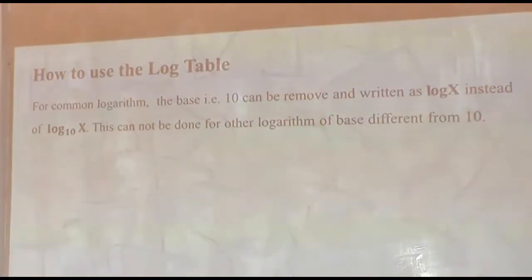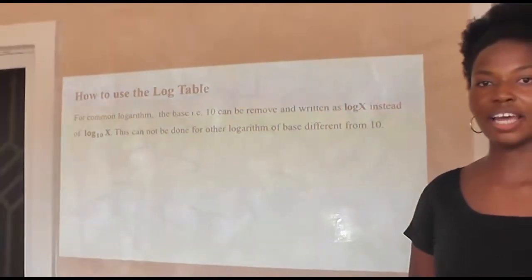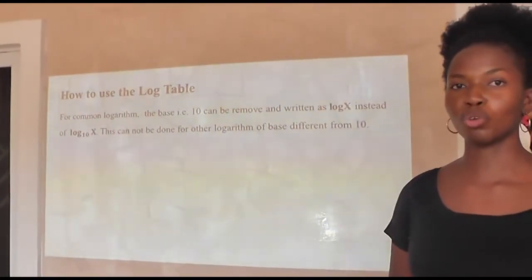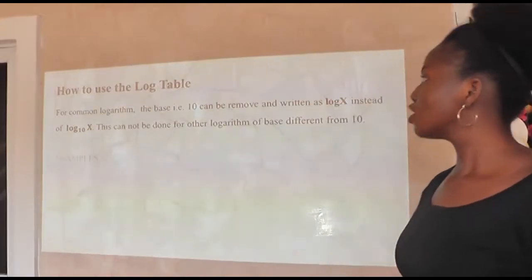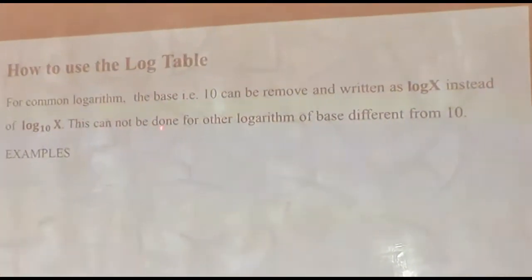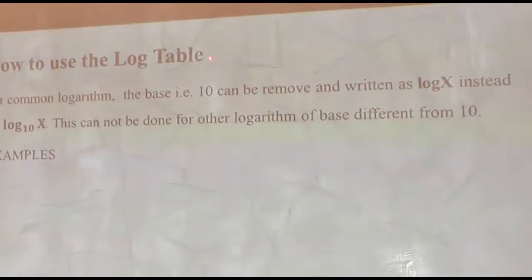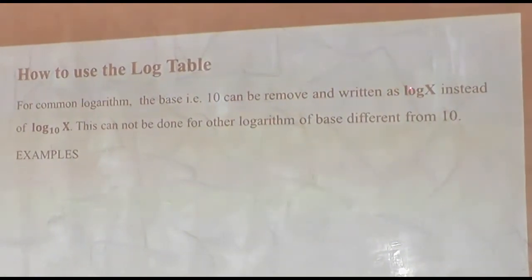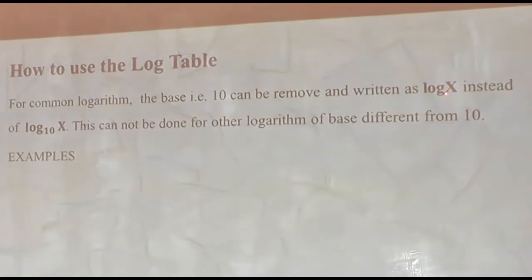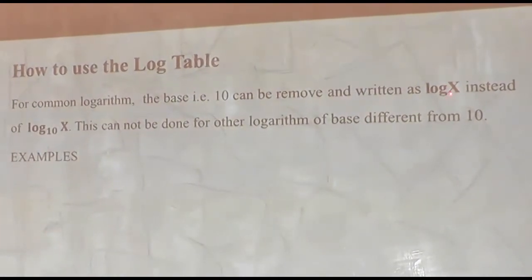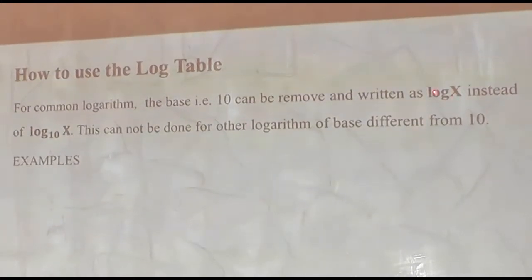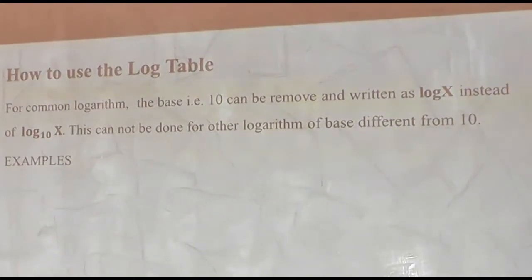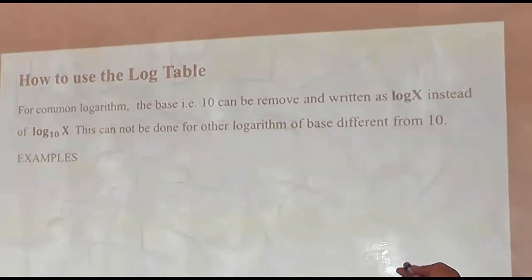And remember, we said logarithm with the base 10 is always called the common logarithm, and that is what we are looking at. Now the base 10 can always be removed, so that instead of writing log x to base 10, the base can be omitted, so that if it's just seen as log x without any base indicated, it will be noted that you are talking about a common logarithm.